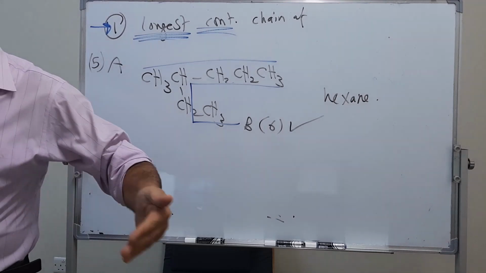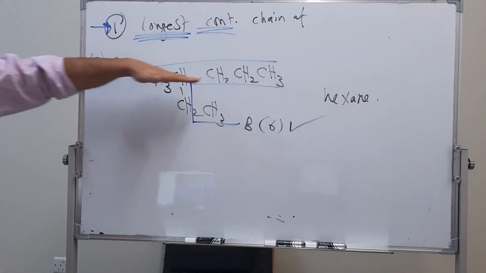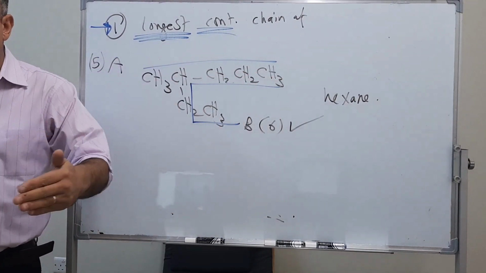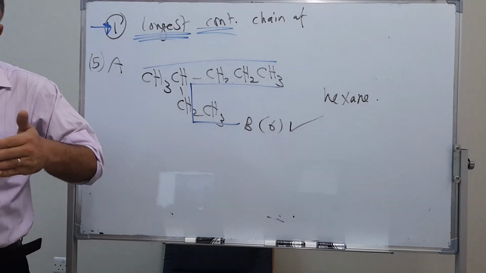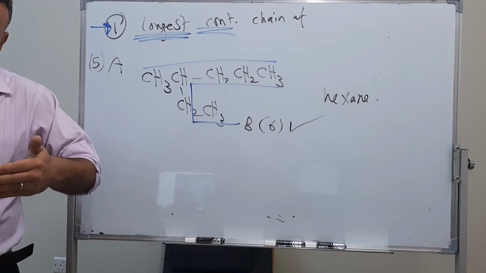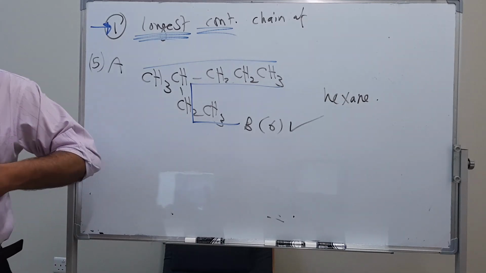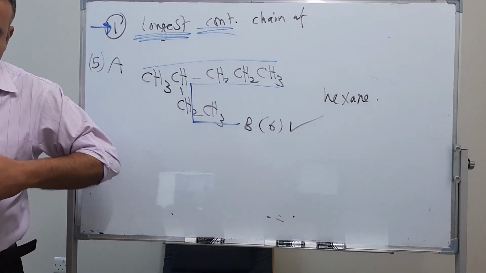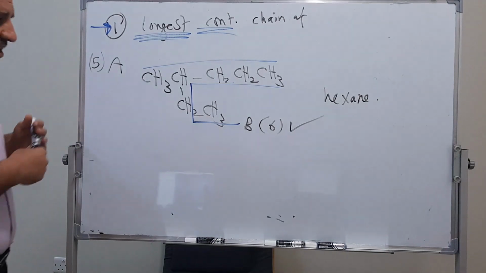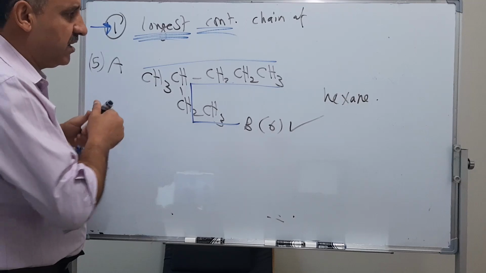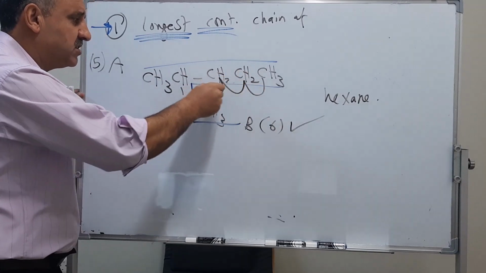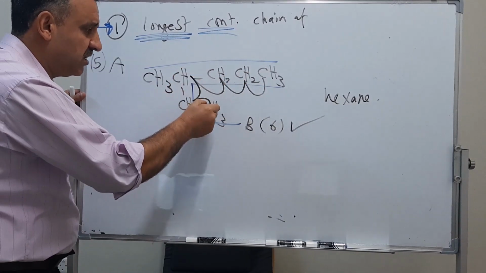The second rule in here: the longest chain is not necessarily straight like that. It must be only the longest continuous. In other words, you must go through the chain in one direction only. Here, this is chain 1, following this carbon connected to this, then connected to this, connected to this, connected to this.